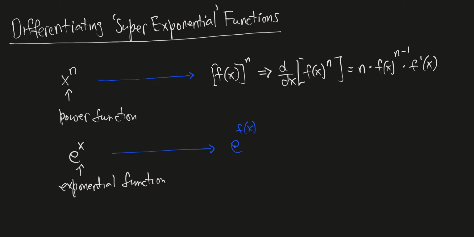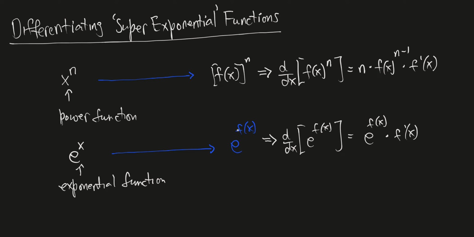Because we have a basic rule for differentiating the exponential function, and because we have the chain rule, we can differentiate something like this. The derivative of e to the f of x, the chain rule says, will be e to the f of x times f prime of x. So we can handle these extended power functions and these extended exponential functions.